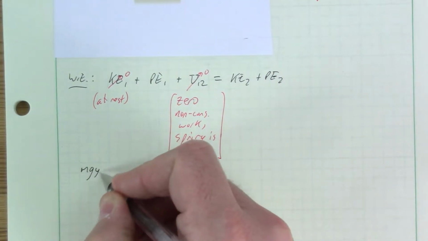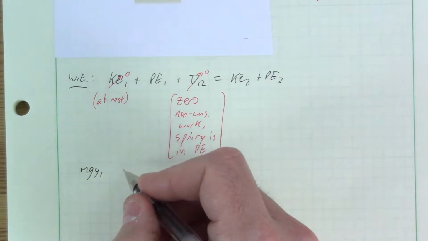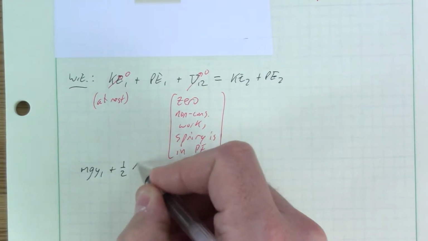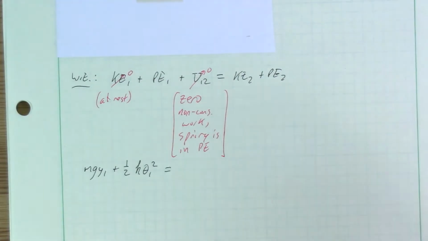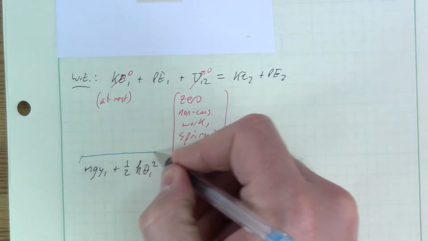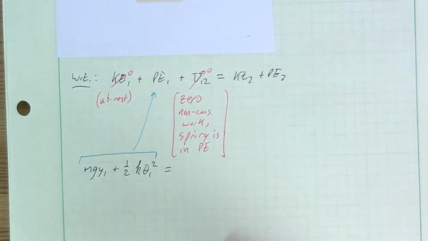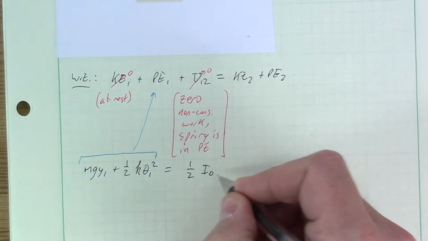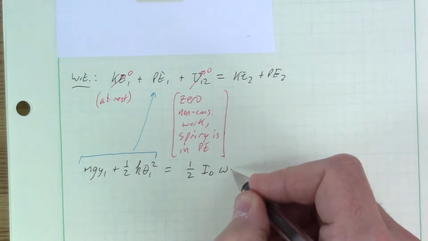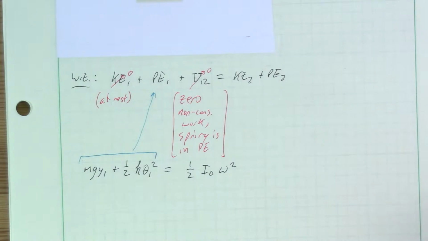So we have mgy1 plus 1/2 k theta 1 squared equals, okay, so this is that guy. Kinetic energy is purely rotational, so 1/2 I naught omega squared, and that's just pure rotation about a fixed point O, right?